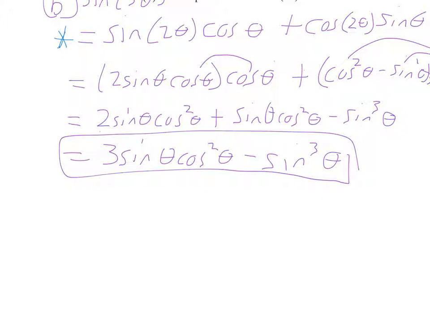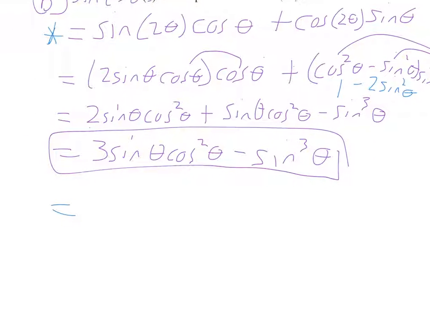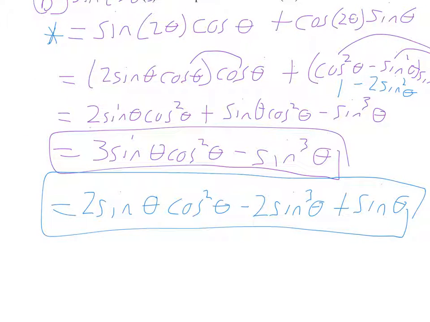So, likewise, had you substituted in, instead of cosine squared minus sine squared, if you had done 1 minus 2 sine squared of theta, you would have ended up with 2 sine of theta cosine squared of theta minus 2 sine squared of theta, because you would have distributed the sine into the minus 2 sine squared. And then you would have had to distribute the sine on the end to the positive 1, so that would have given you the plus sine of theta on the end.